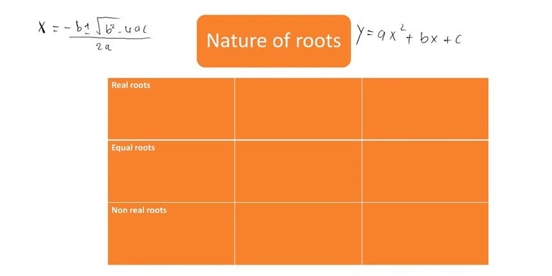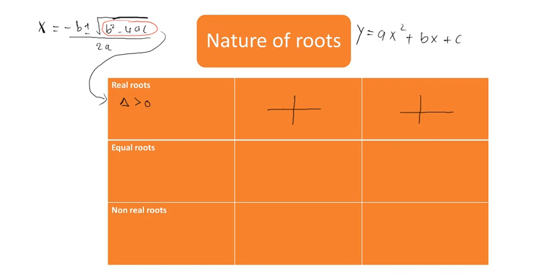If this value is greater than 0, this means that you will have two x-intercepts. So your graph will have an x-intercept there, and then there.